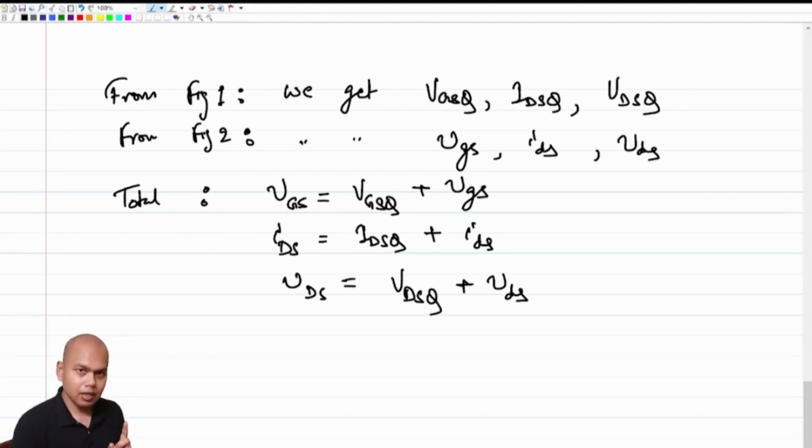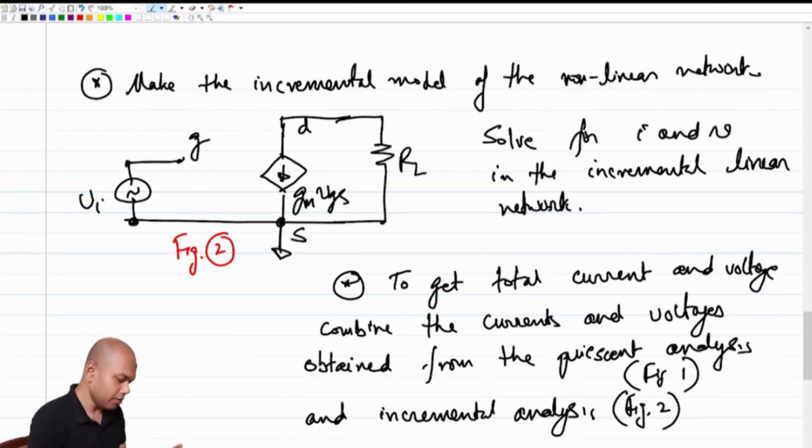Now note that the incremental equivalent is related to the quiescent network, because in order to figure out the incremental equivalent, you need the value of gm.